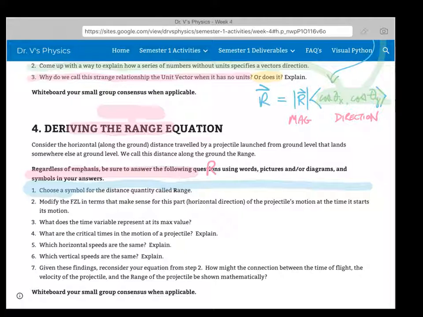So, first zeroth law that we've written, delta S equals V delta T. How could we modify the first zeroth law to be specific to the horizontal motion? Well, if it's a horizontal distance along a straight line, it is a displacement, and that change in position would be the change in position along the horizontal. So we could just call that displacement R.